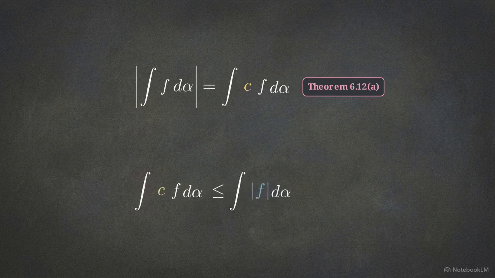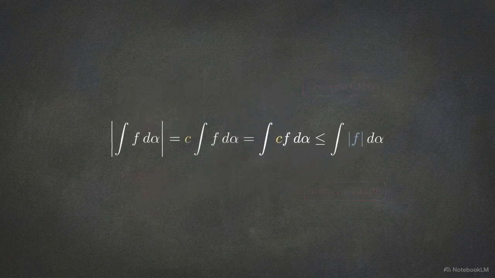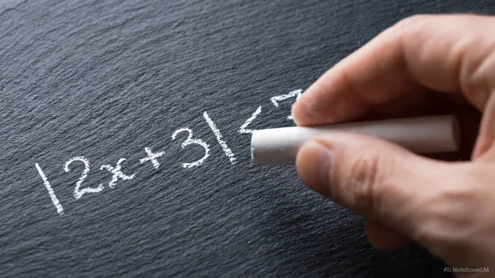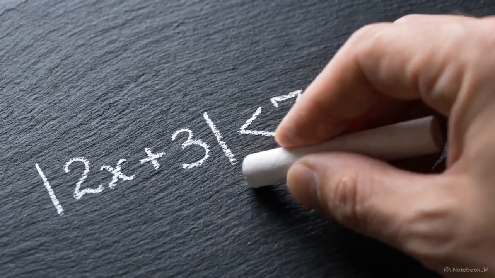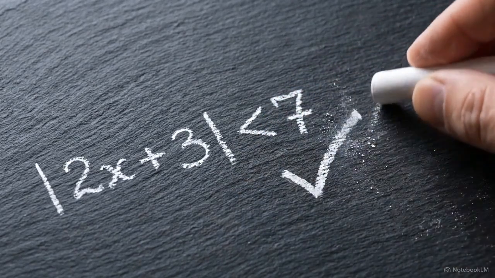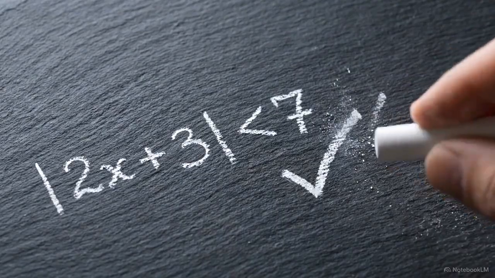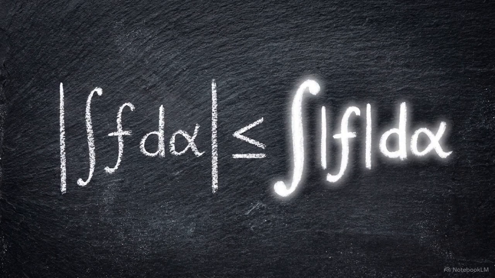Once inside, c times f must be less than or equal to the absolute value of f. We can then invoke the monotonicity rule from 6.12b. This elegant sequence completes the formal proof, permanently linking the continuous behavior of absolute values directly to discrete algebraic comparison. The continuous triangle inequality ensures that magnitudes can always be bounded upward, which is required for convergence proofs.